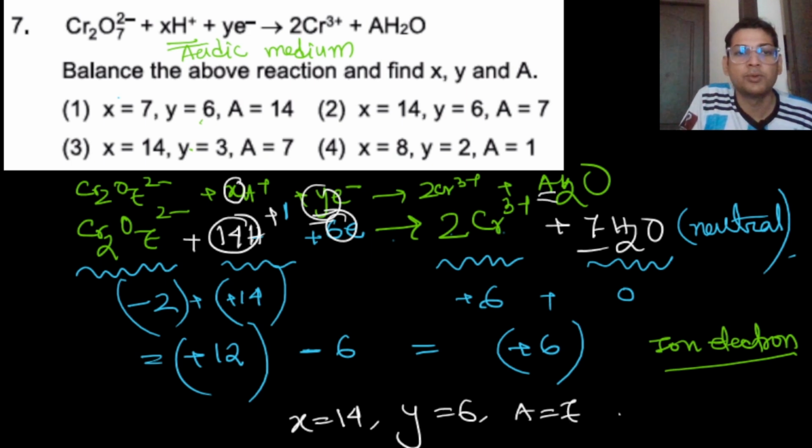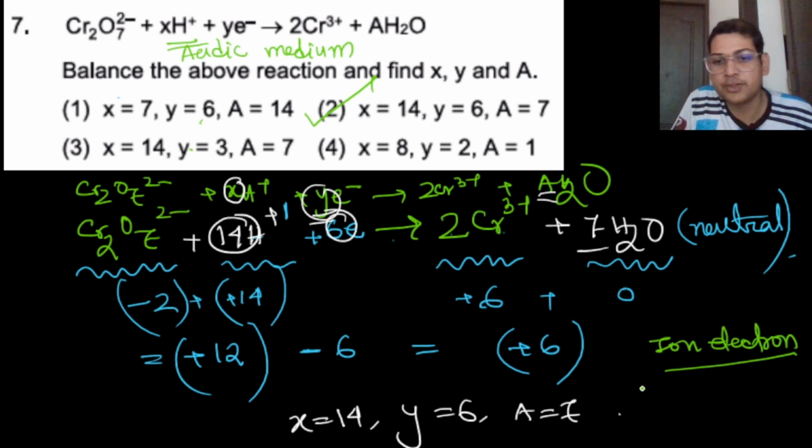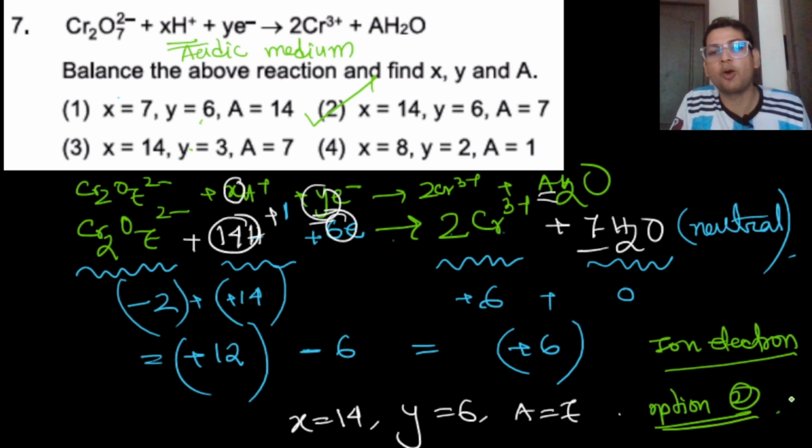That I have to choose from here. X value 14, Y value 6, A value 7. That means option number 2 is matching very beautifully. That way you have to do this.